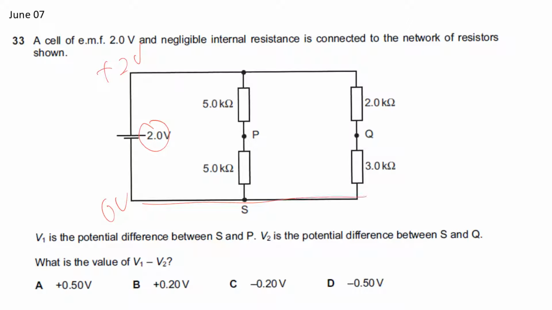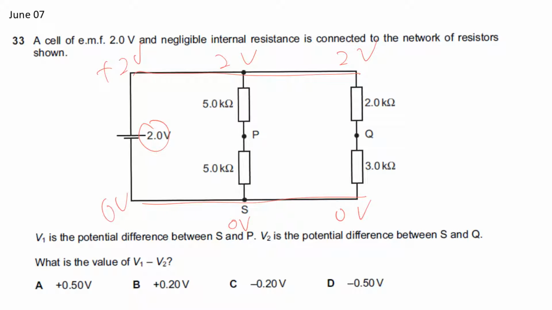And throughout the entire line here, it will be 0 volts. Understand? And throughout the entire line here will be 2 volts. So if they want you to find the PD between S and P, no problem. Find S and Q also no problem. It's the same as finding this PD. So just find this PD and just find this PD and subtract.